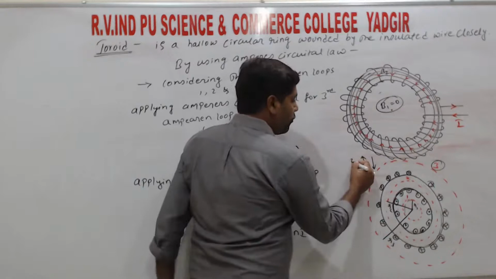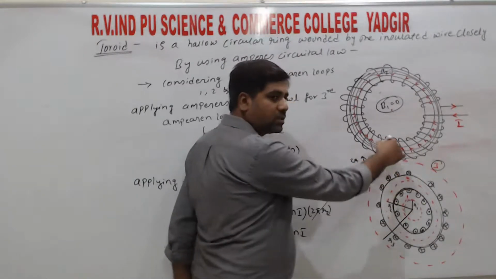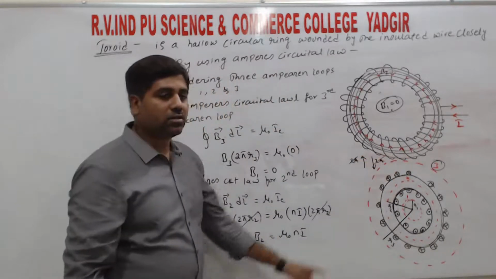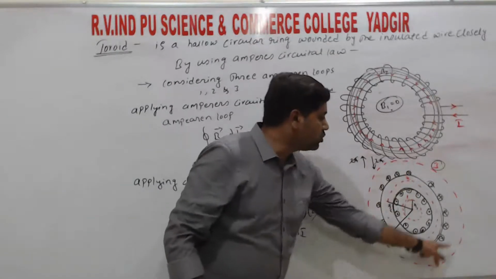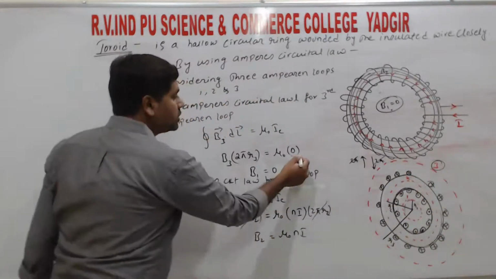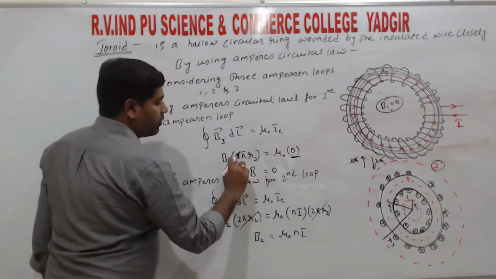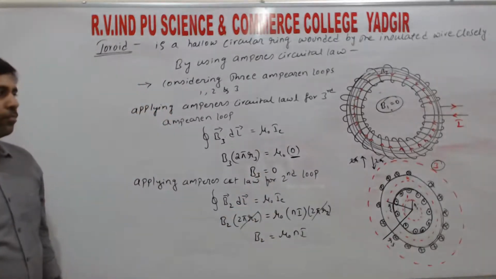For example, 2 amperes of current going inside the loop means 2 amperes of current is coming outside the loop. Since the two are in opposite directions, they cancel. So the net current enclosed in the circular loop again becomes 0, right? So 0 into mu naught is 0. So 0 divided by 2 pi r3 is 0. So B3 is again equal to 0, right?